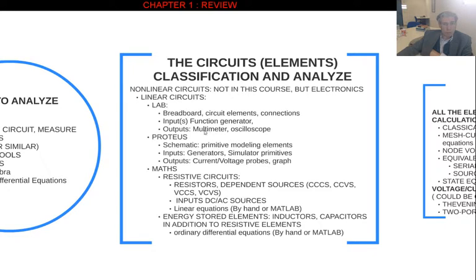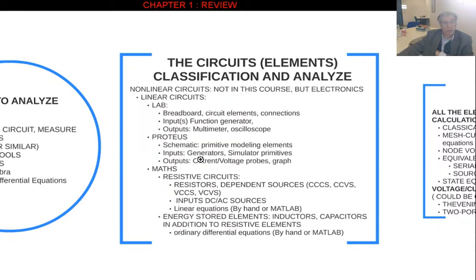So instead of the multimeter in the lab, we use probes in the Proteus tool. Or we could use graphs as well. Graphs show you the electrical signals changing with respect to time. So the oscilloscope output is the same as the graph that we see in Proteus. These are the two tools that we have used up to now.